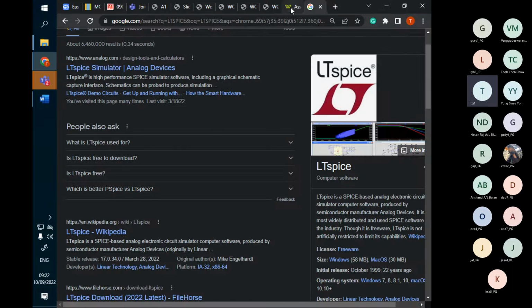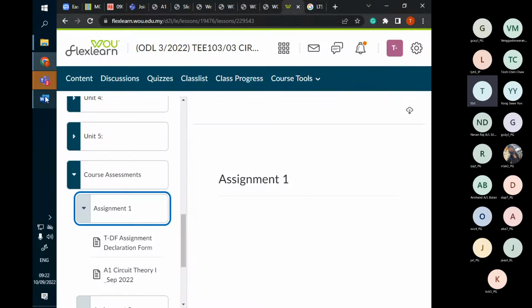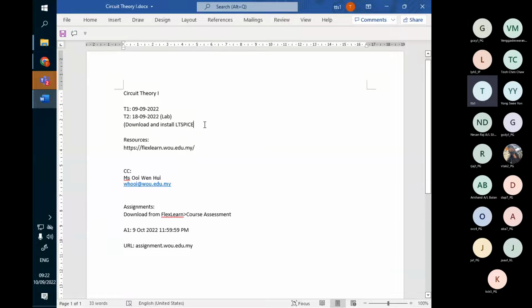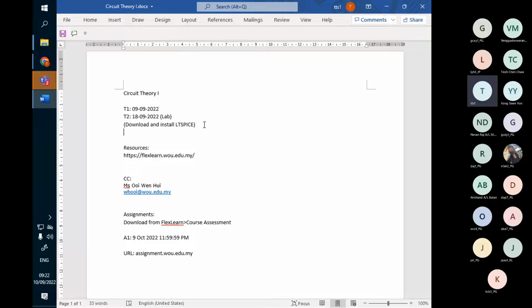The other one that we would use is the online software for the lab. It's called multisim.com.